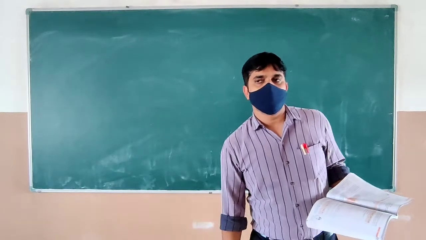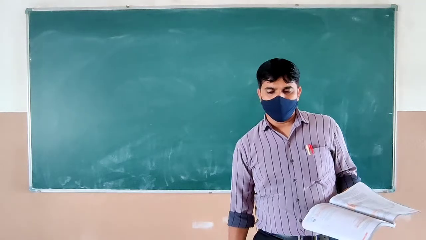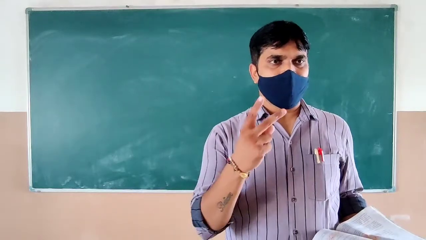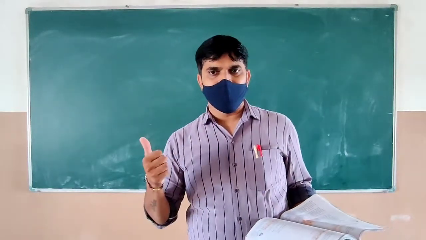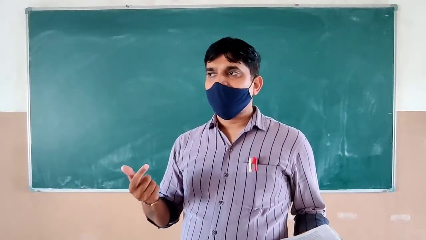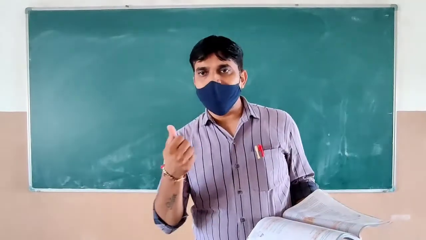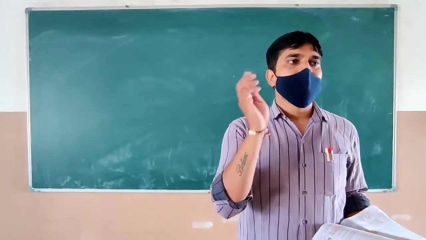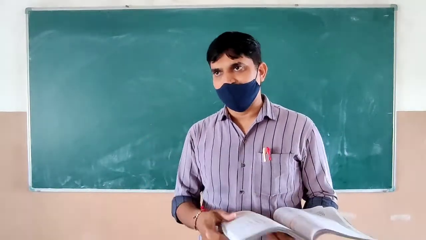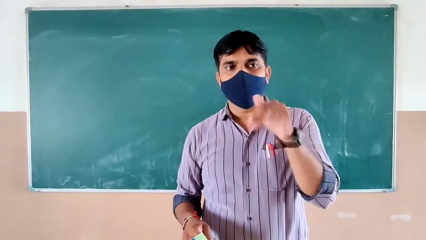Yesterday we talked about the introductory part of exercise 3.2. Two concepts we cleared yesterday, mode and median. Mode is that observation which occurs most frequently, which comes more number of times.